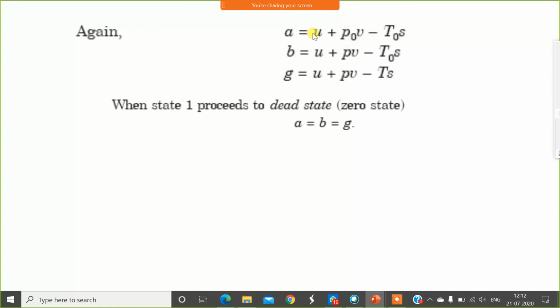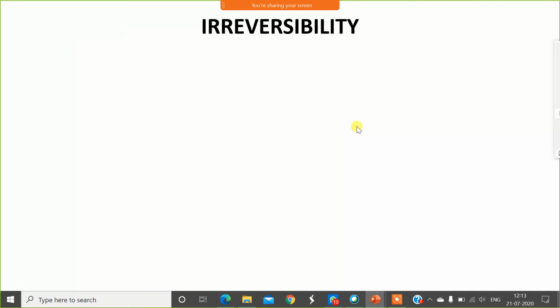Now the difference between A and B is only the pressure. This is the minimum pressure, which is atmospheric pressure, and this is any general pressure. When state 1 proceeds to the dead state, then this P becomes P0, and we can write A is equal to B is equal to G.